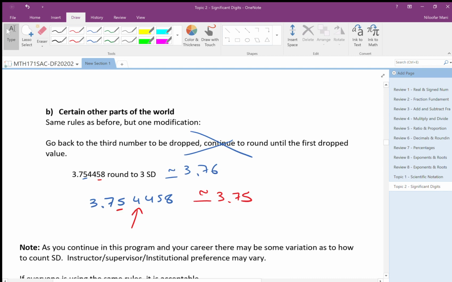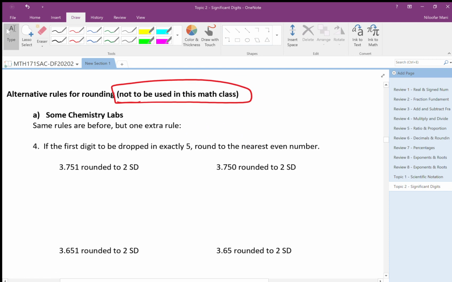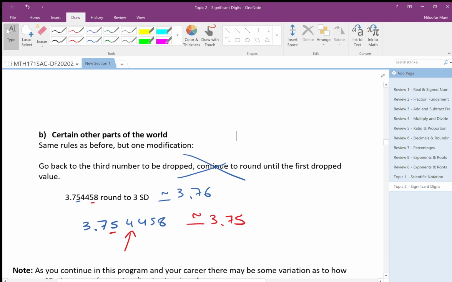As I mentioned, there are other alternative rules for rounding. I know maybe some chemistry labs do this. Maybe in some other countries they do this, but we don't do it. We just follow what we learn in our class.